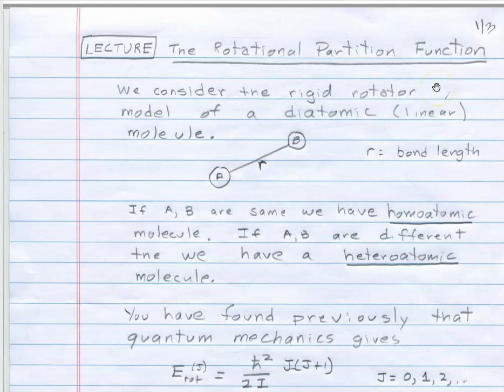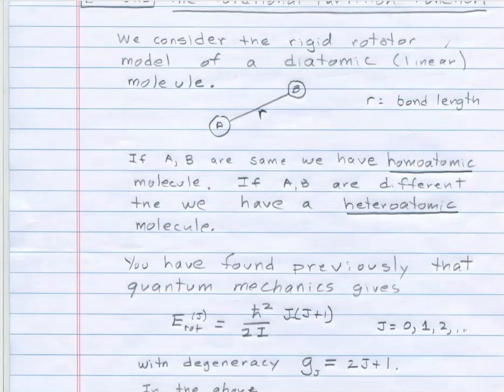diatomic molecule. And here I've got two different atoms, A and B, separated by a bond length of a little r, we'll call it. And just to recall, if A and B are the same kind of atom, so they're both oxygen, for instance, then we have what would be called a homoatomic molecule, the same.